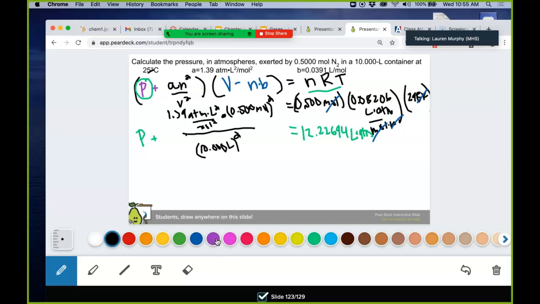So look at the units. Liters squared will cancel. And this is going to be moles squared, so the moles squared cancel. And we're left with atmospheres, which is a pressure unit. I will wait for this one also.